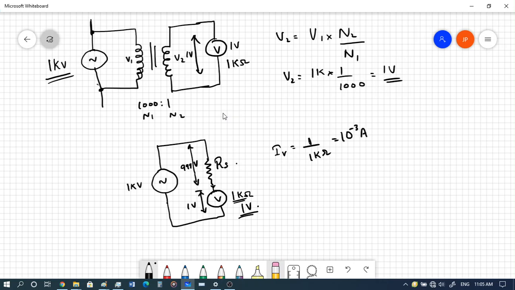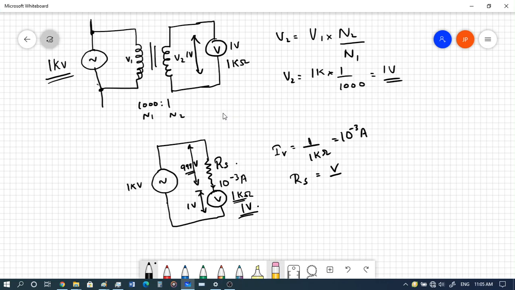Similarly you need 999 volt over Rs. So the resistance Rs would be V by I. The same current, 10 raised to minus 3, will flow through the Rs as well. So that's the maximum current.